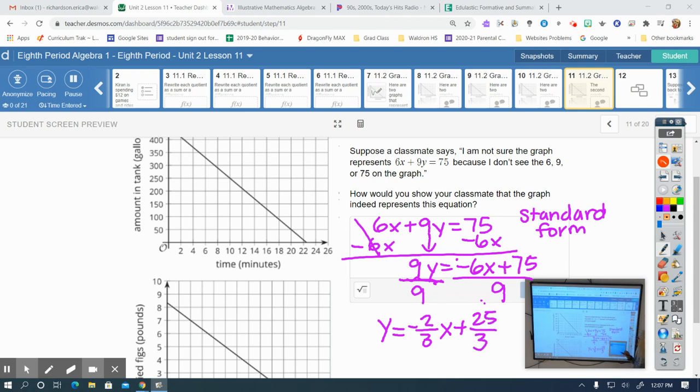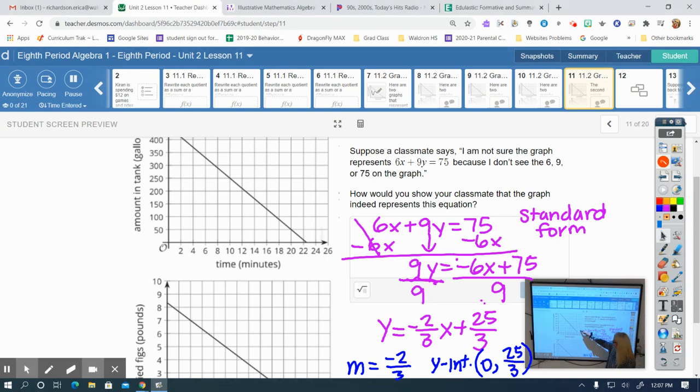Okay, so now we can see these pieces on our graph because we have a slope, or m, is -2/3. And we have a y-intercept at 0, 25/3. And if you type 25 divided by 3 on a calculator, it's approximately 8 1/3.